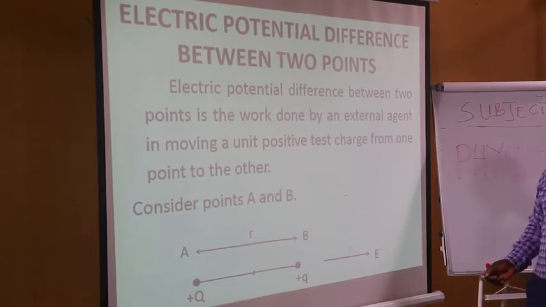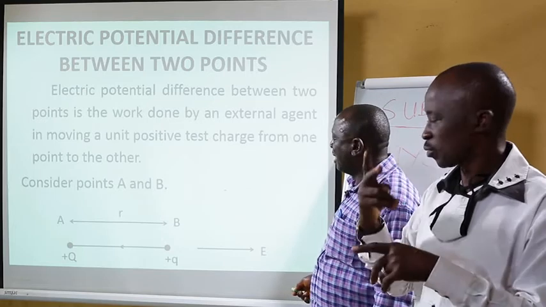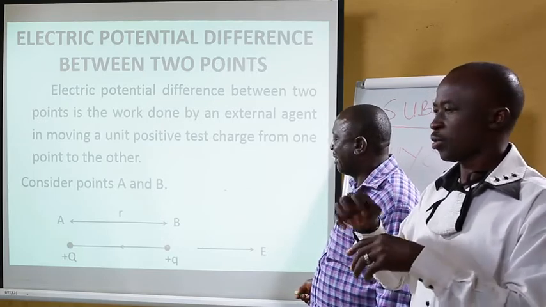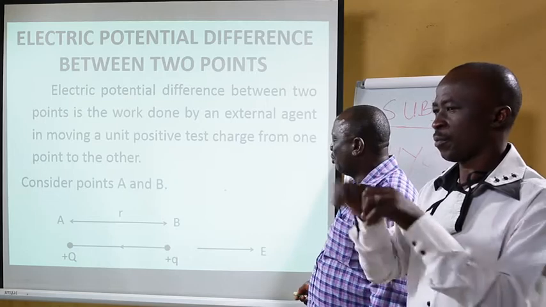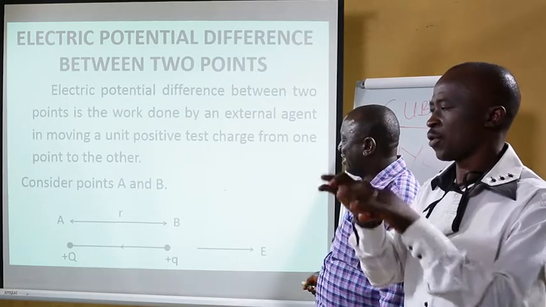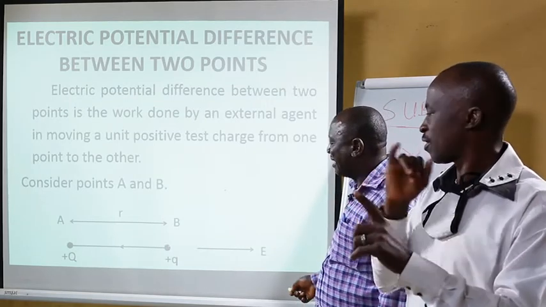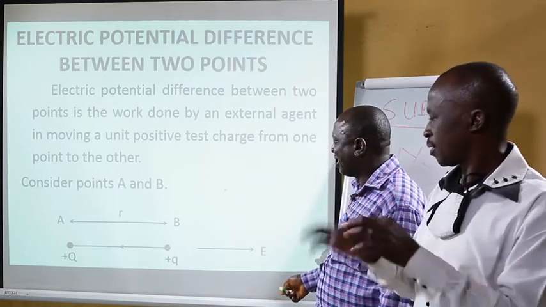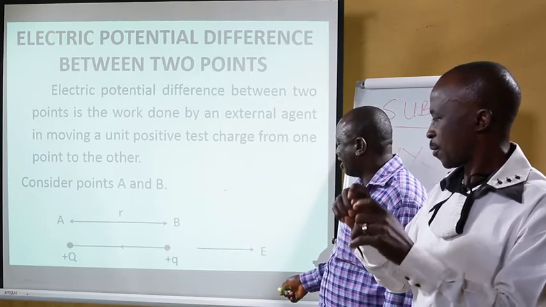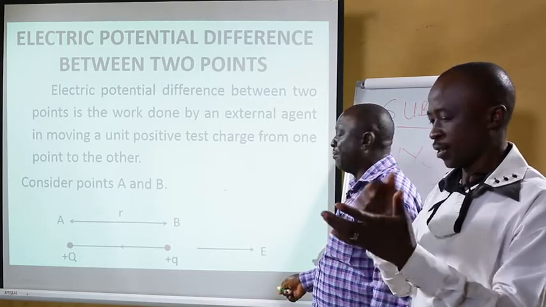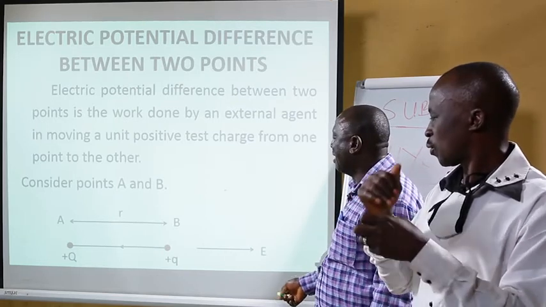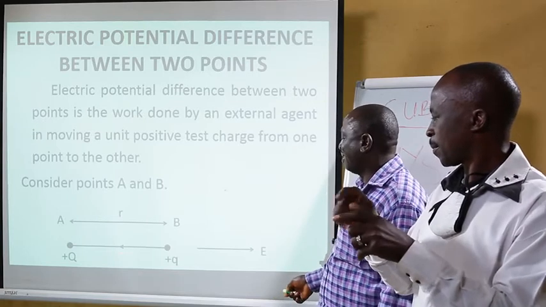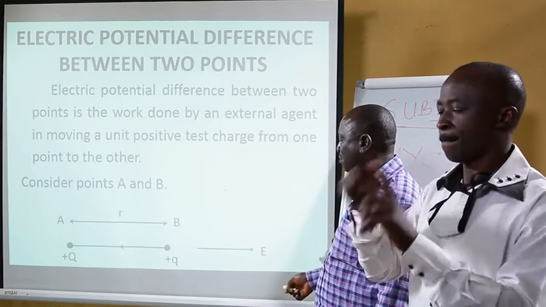Now, like we saw in electric field intensity, if a unit positive test charge is placed at this point, considering this charge which is positive, this charge will repel it because they are of the same sign, positive and positive, so there will be repulsion.